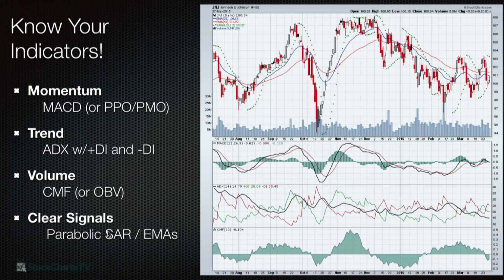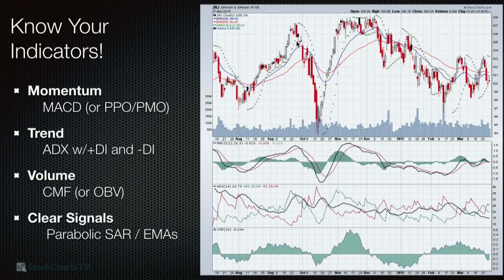Finally, I look for indicators that give clear signals, and there are two that I'm showing on this chart. The first are these dots. This is called the parabolic SAR, yet another Wilder indicator that is either above the price bars or below the price bars. SAR stands for stop and reverse, and it's an attempt to calculate what a good stop price would be if you were invested in this stock.